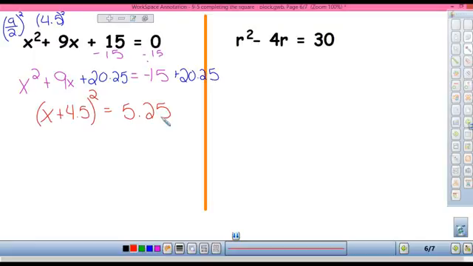Okay. So, my fourth step, Amber, is what? Step 4. Don't you have it written down?